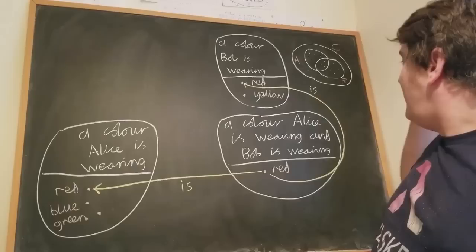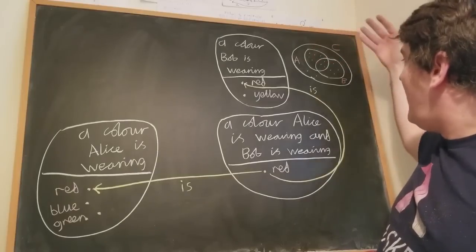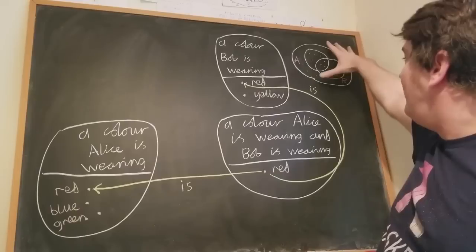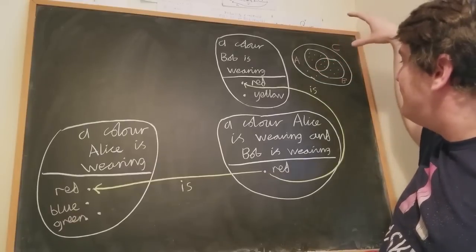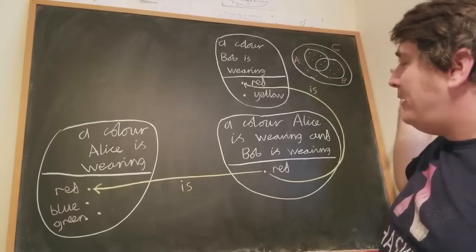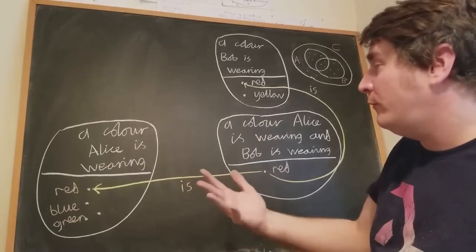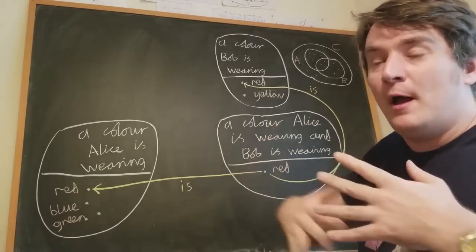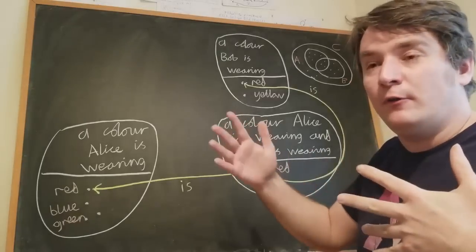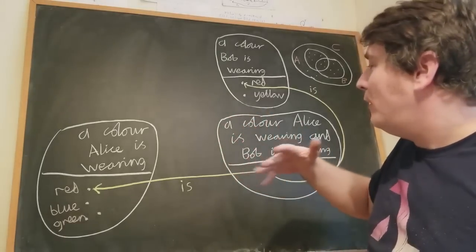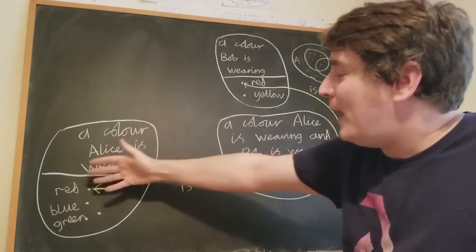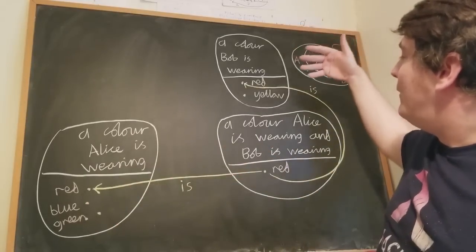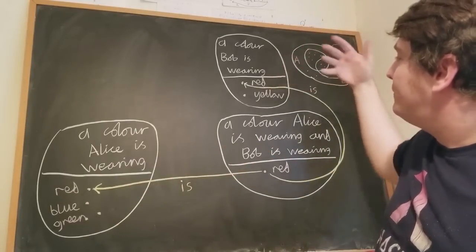So let's say we have two sets, A and B, and let's say they're both subsets of some larger set, C, okay? In this case, I'm talking about colours. We're imagining that there are two people, Alice and Bob, and they're wearing various colours. Let's suppose that Alice is wearing red, blue and green, and Bob is wearing red and yellow.